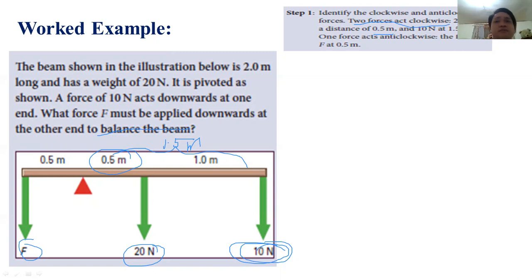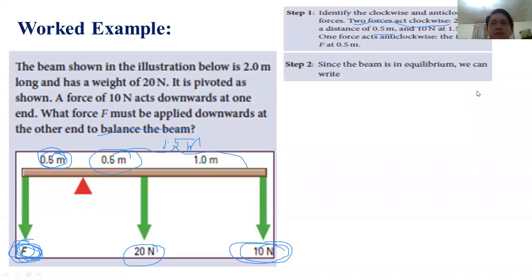For anti-clockwise, we have the force F at 0.5 meter. We don't know this one, so we have to find this force F in order to balance the beam. Let's now proceed to the next step.